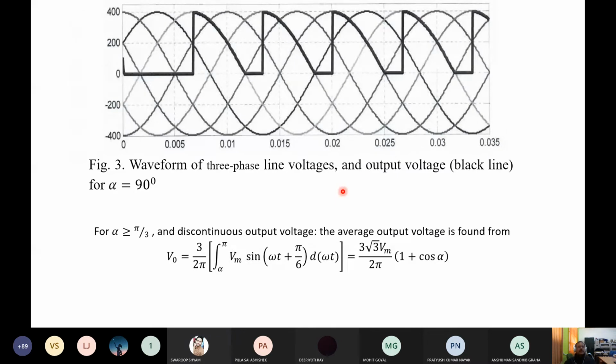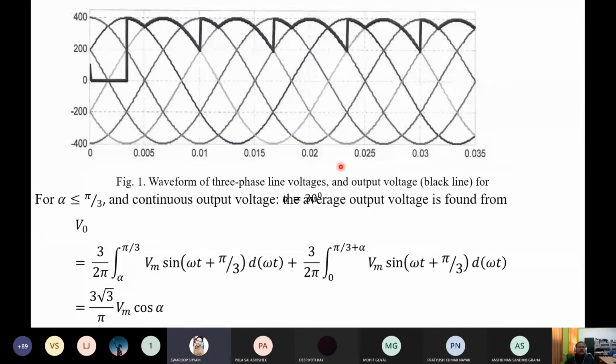Any question? Sir, in the previous waveform, you said alpha is the first meeting point of those two waveforms. Yes, this crossing point is always the reference.